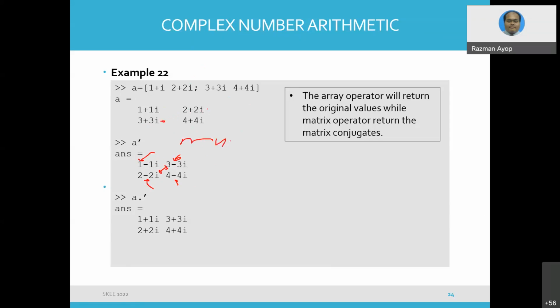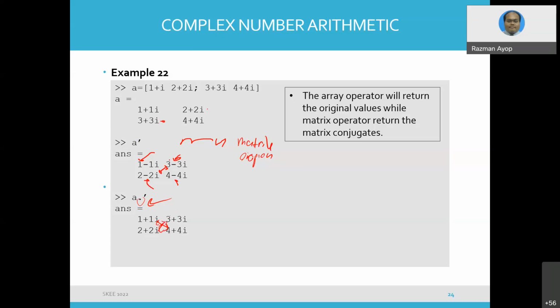This is matrix operation. Matrix transpose has no dot. But if you do array transpose, which has a dot here, array transpose only flips. You can see here this is the same, but this one will be flipped.